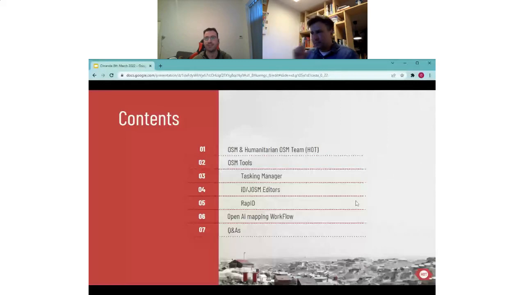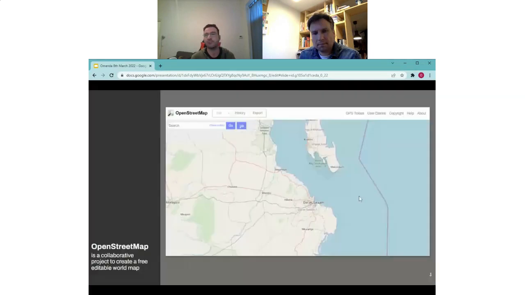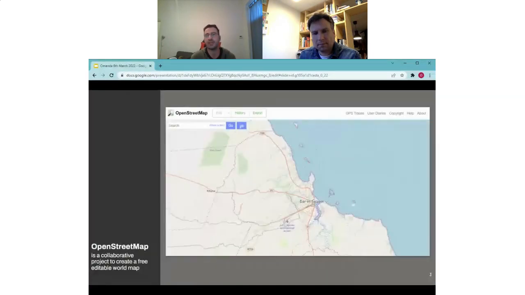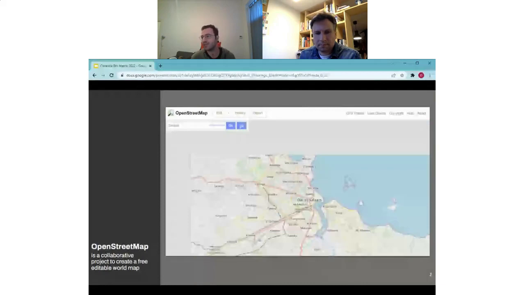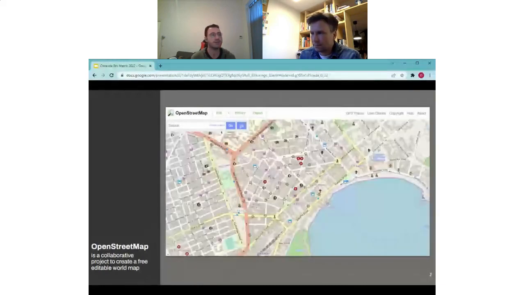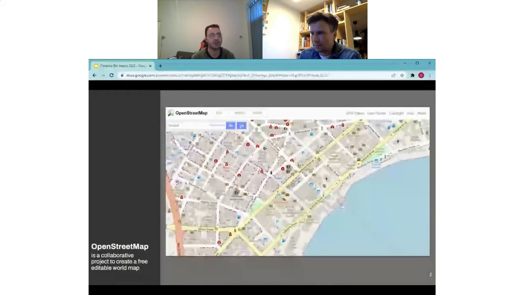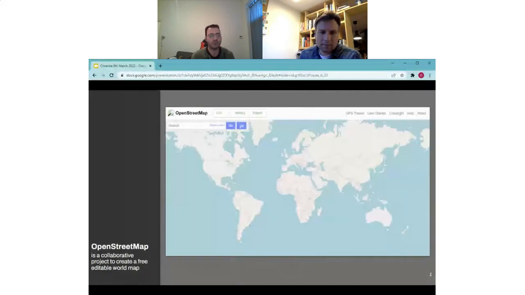Humanitarian OpenStreetMap Team is a nonprofit organization, and we mainly use OpenStreetMap, and those are two different things. We'll start with OpenStreetMap. It's a free and open source project that started around 17 years ago. It's a collaborative project to provide free geospatial data for any use.